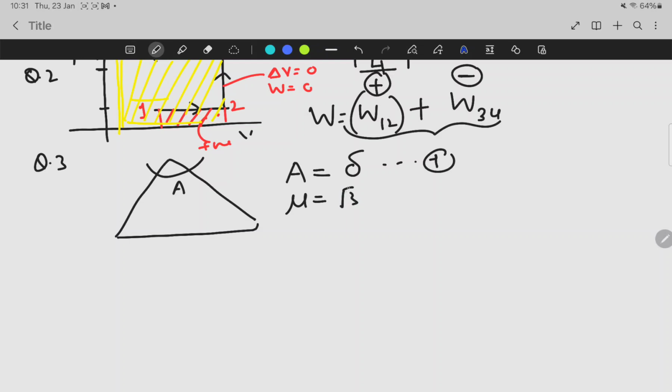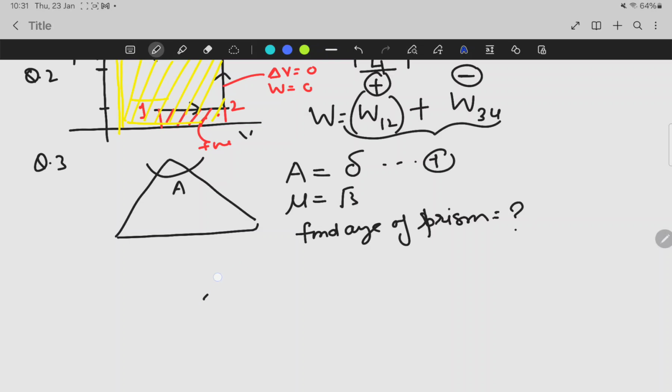Then find the angle of prism. This is what we have to calculate.